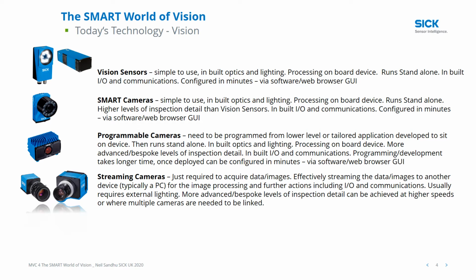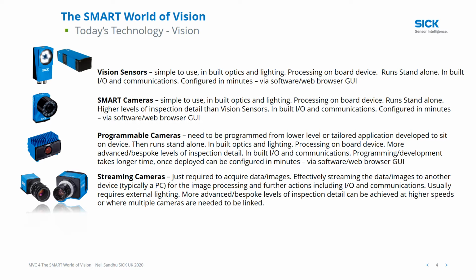And of course, when you have these systems set up with streaming cameras, the potential level of inspection goes up, because, just like the programmable cameras, you could have some developed software sitting on the PC doing the processing. You could be using one of the many commercially available vision libraries that are out there that can have high levels of inspection detail.